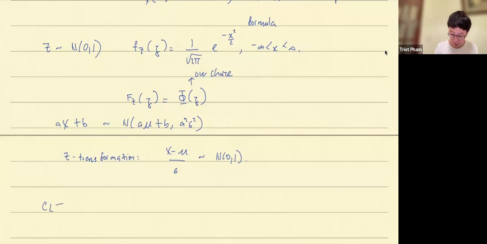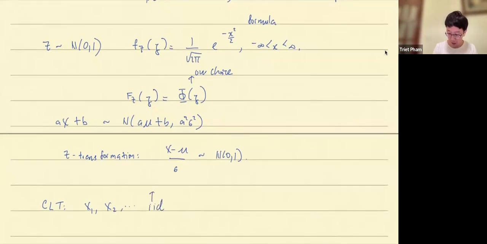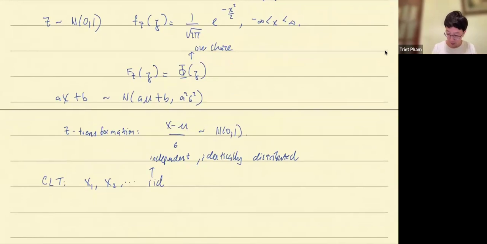The central limit theorem, which we'll cover later on, says that if you have an IID sequence, IID meaning independent and identically distributed, then if you take the sum of X_i minus mu from 1 to n, and you scale by square root of n sigma squared, then this will asymptotically approximately have a standard normal distribution.